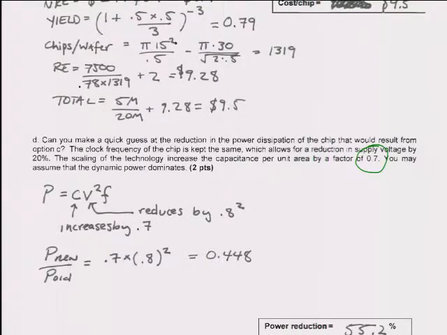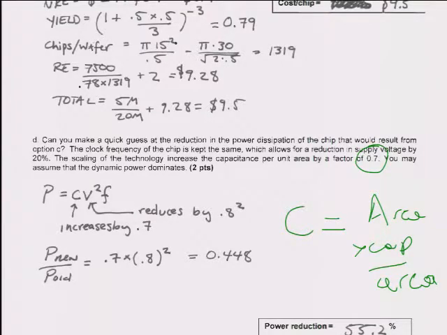However, the total capacitance is equal to the overall area times the capacitance per unit area. The area is shrinking by a factor of 0.7 times 0.7, because all your dimensions are shrinking by 0.7.